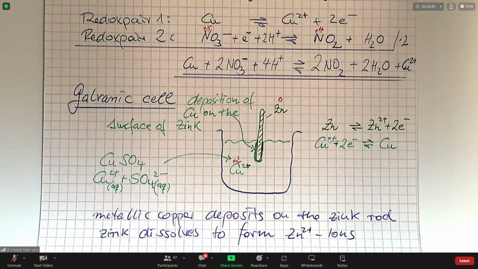So this is the way it acts without any additional energy input from outside. We just put together zinc and copper ions, and electrons are transferred. This is how it works by itself.